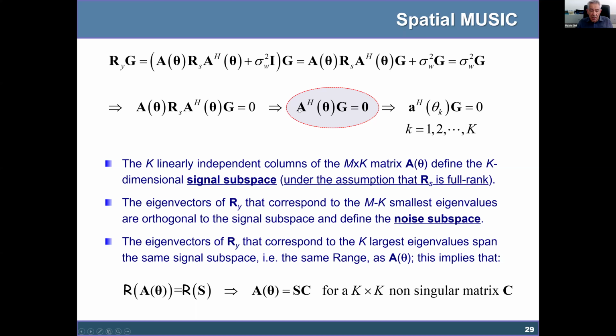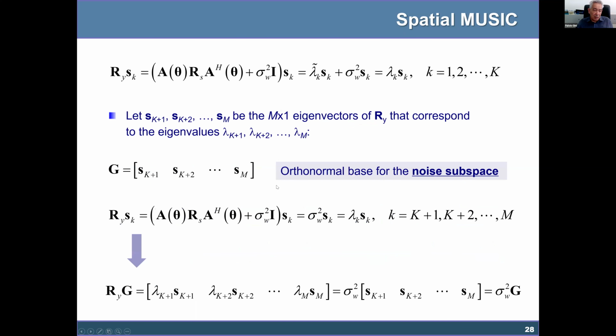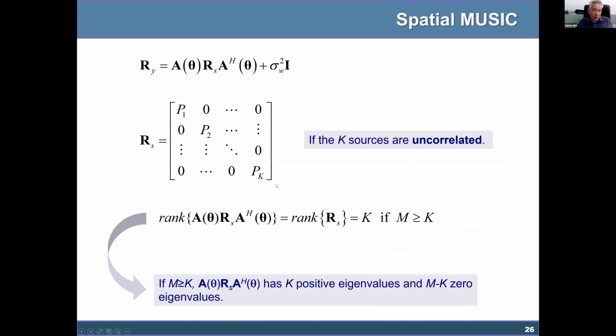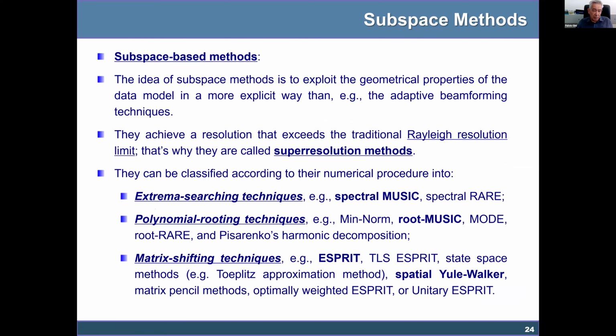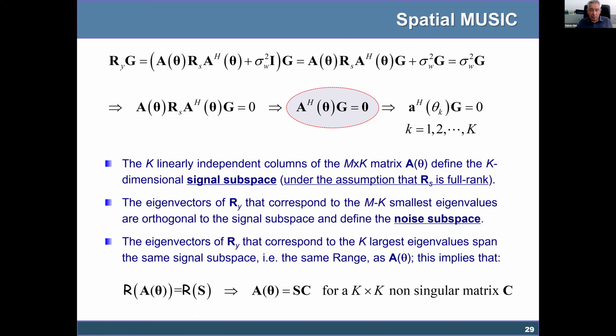This is A of theta. So A of theta is the steering matrix. So if this is 0, it should be 0 for any column of A, so for the array response calculated for all the directions of arrival of the K sources.